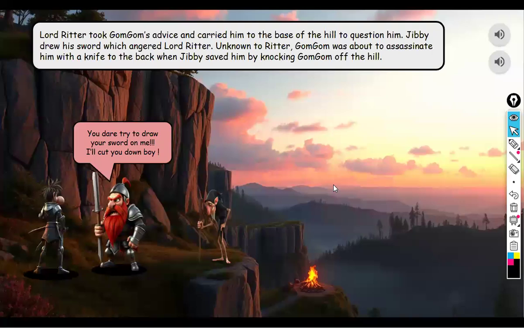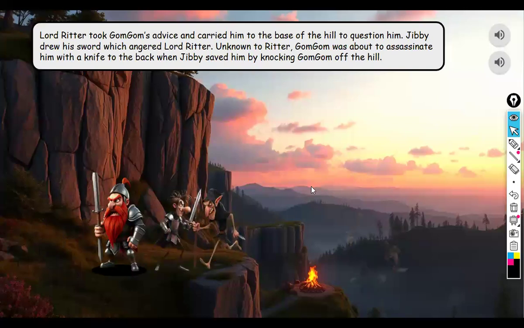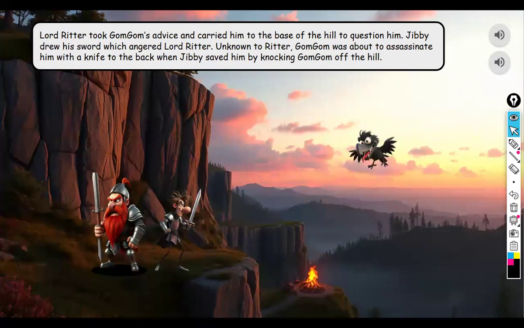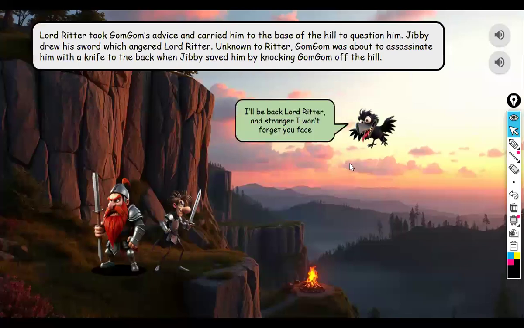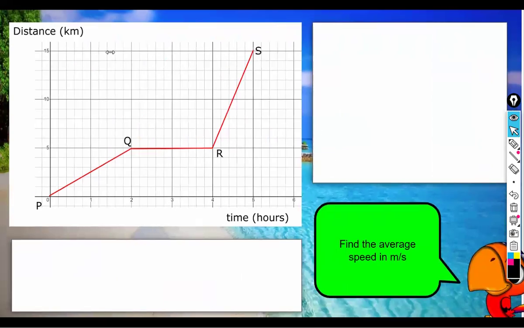So apparently Gum Gum was going to try to murder Lord Ritter, but Jibby jumped in to save the day, and Jibby knocks him off the cliff there. Yep, but Gum Gum is a wizard, so he turns into a crow, and you know. All right, so let's continue there. We'll see what happens to Lord Ritter and Gum Gum there.